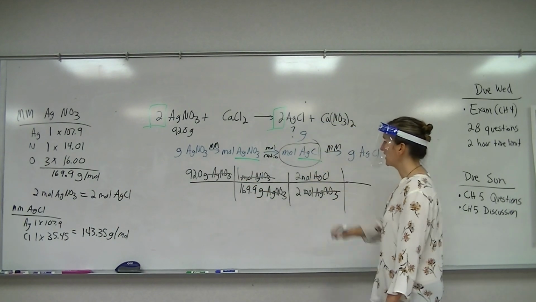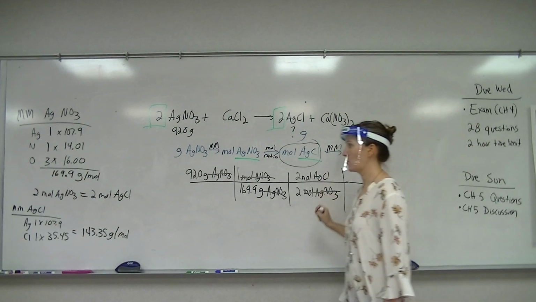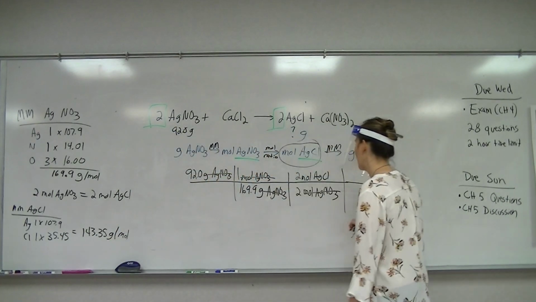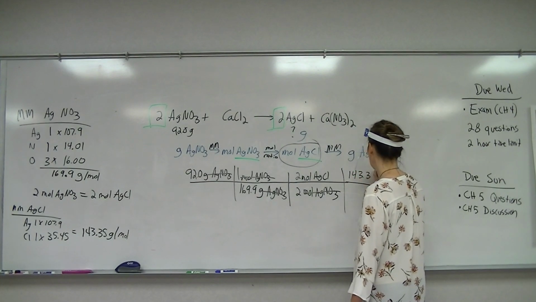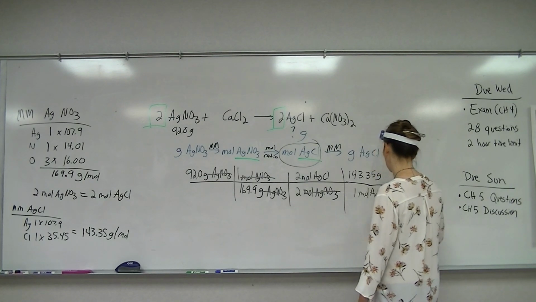This was to get me into moles of silver chloride. So my last step is to use the molar mass of silver chloride, that 143.35, and this time I'm multiplying by the molar mass. So 143.35 grams on top, 1 mole of silver chloride on the bottom.